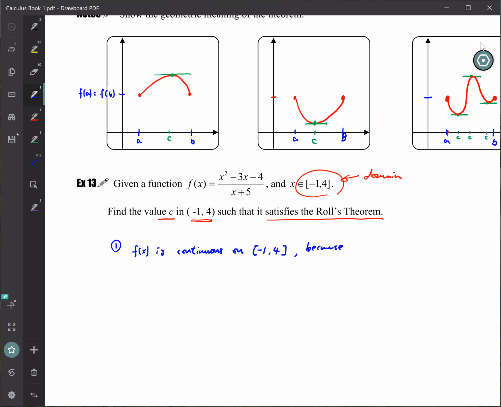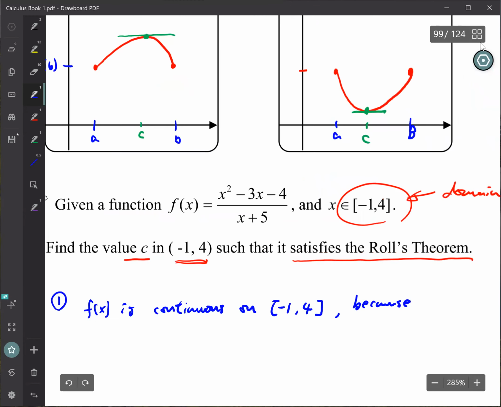Yes, okay, so because it's a rational function, if you remember from the previous section, we talked about where the function can be continuous, right? When it's a rational function, it will be continuous on its domain. And the domain is when x is not equal to -5.